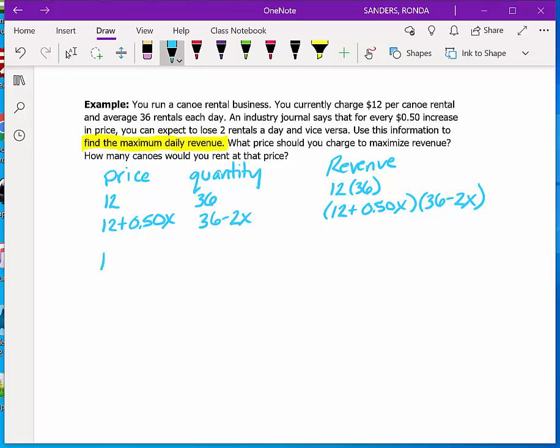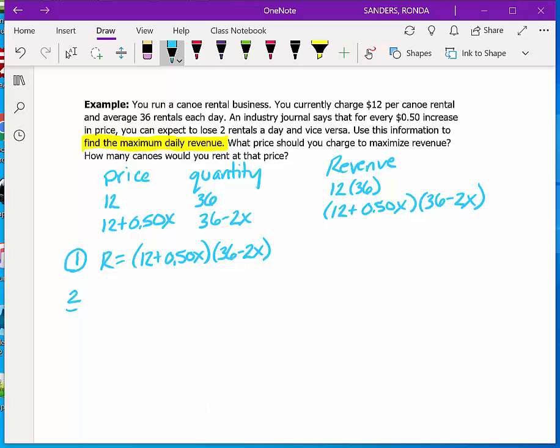So we have an equation for revenue: (12 + 0.50x)(36 - 2x). This equation is written in terms of only one variable, so it fulfills the requirements for step 1.